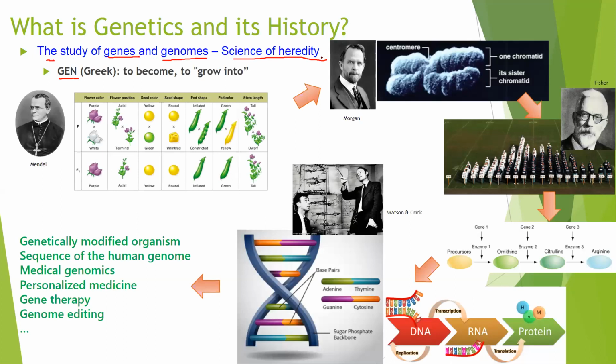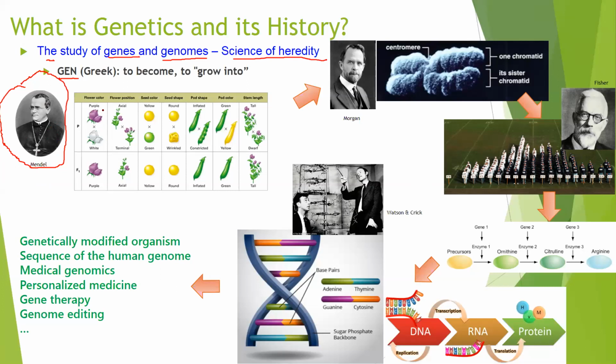This is the history of genetics. Of course, when we talk about genetics, we must talk about this person, right? Mendel. This gentleman set the fundamental basis for modern genetics by doing a series of experiments on pea plants. As you can see here, he did a lot of interesting and very important experiments based on pea plants.